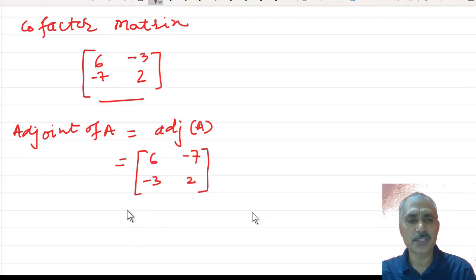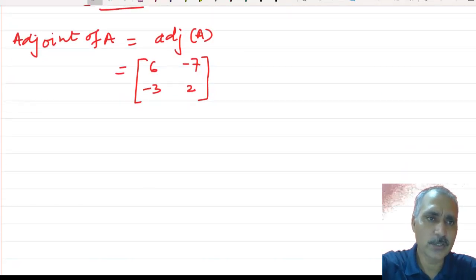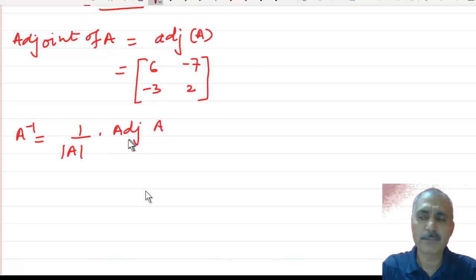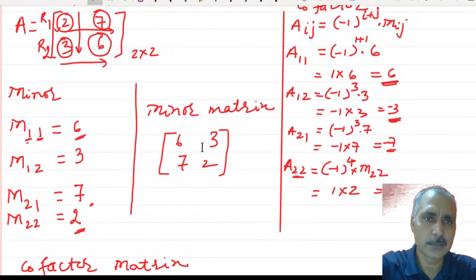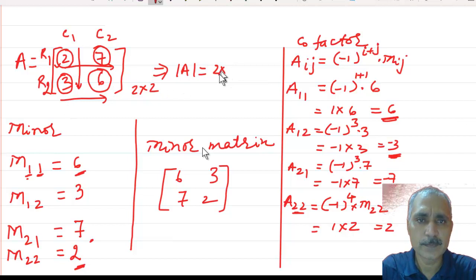Now suppose the question is to find out A inverse. The formula for A inverse using the adjoint method is A inverse equals 1 upon determinant of A into adjoint of A. Now if we look at the question, what is going to be the determinant of A? 2 into 6 minus 3 into 7.